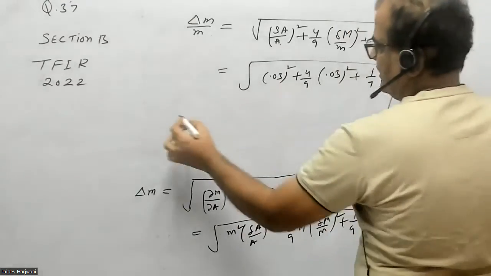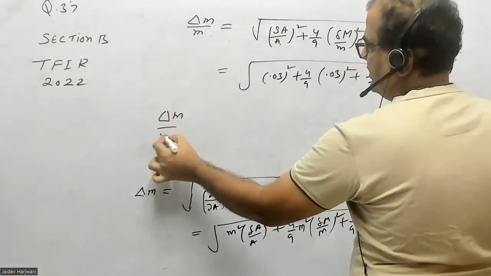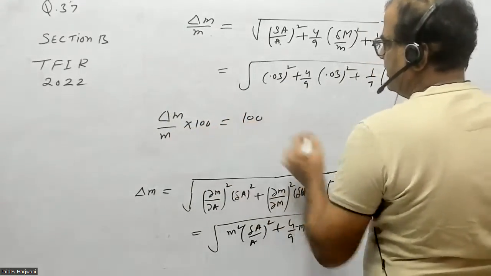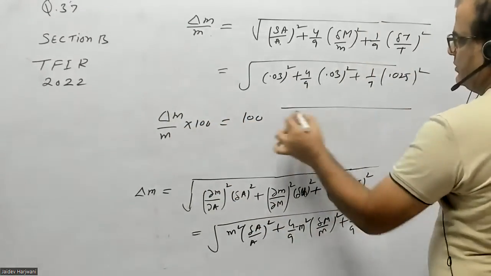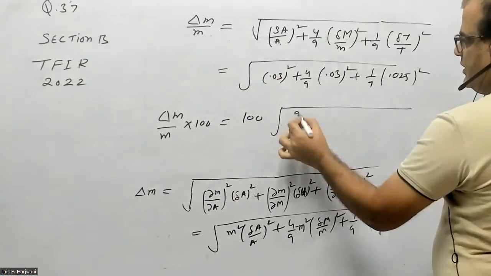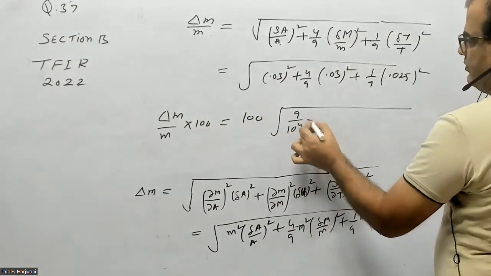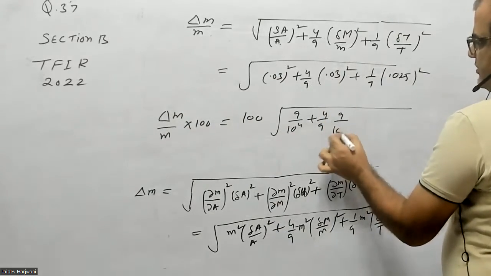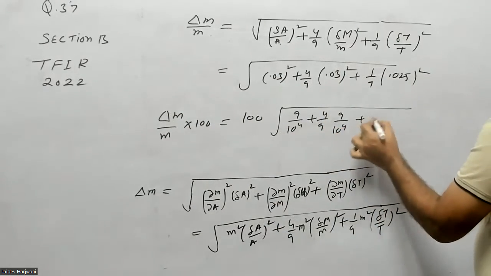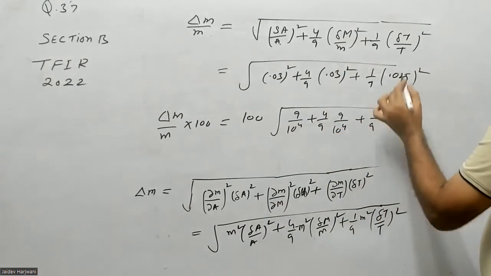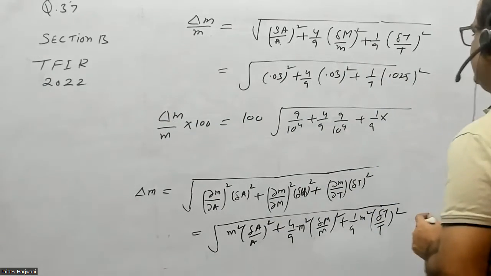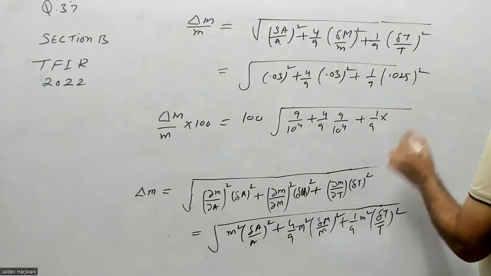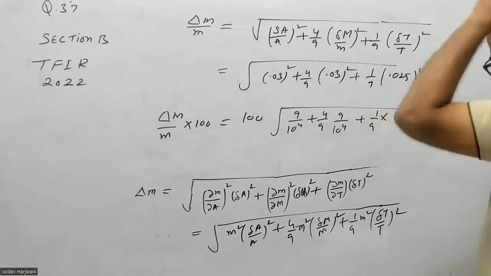So the percentage error in small m is delta m by m into 100. So this is 100 into the square root of 9 upon 10 raised to power 4, plus 4/9 times 9 upon 10 raised to power 4, and this is again 1/9 times, and this is basically 1/40 squared.